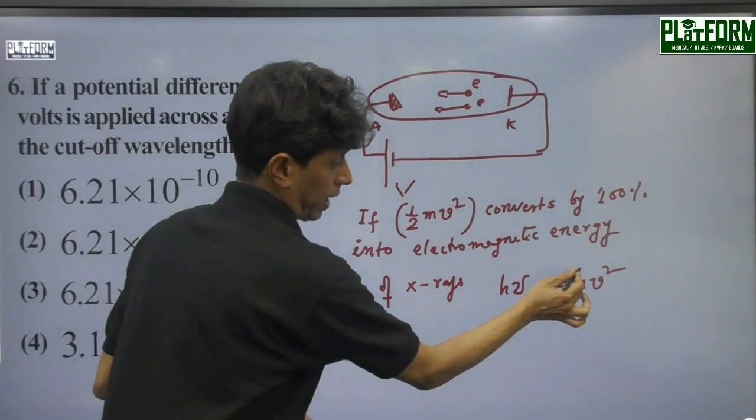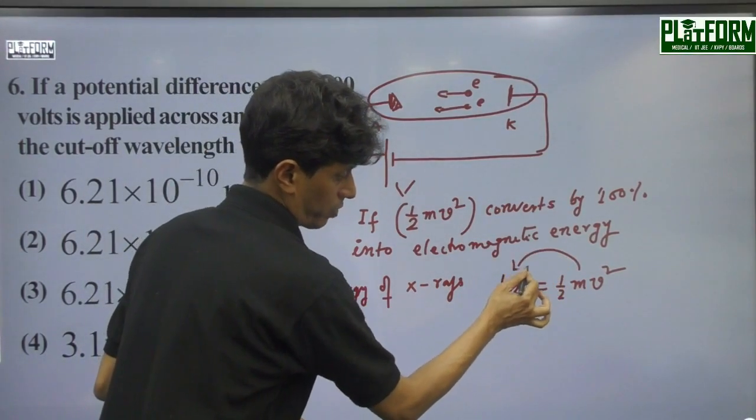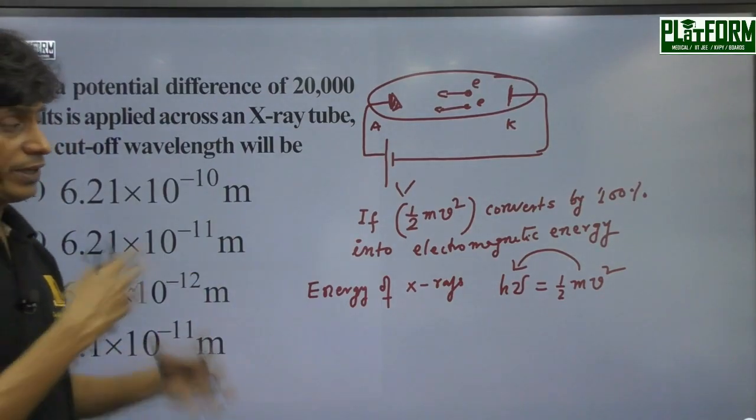So the total kinetic energy converts into electromagnetic energy of the X-ray.